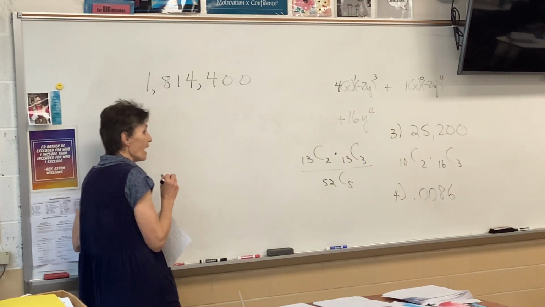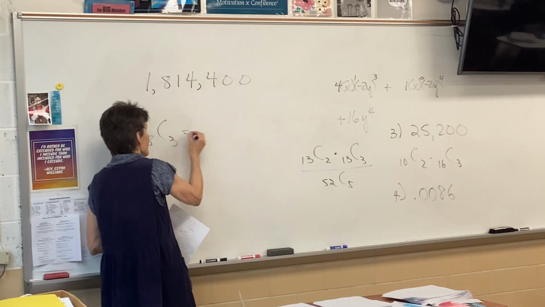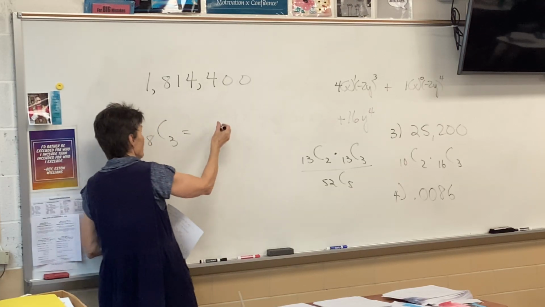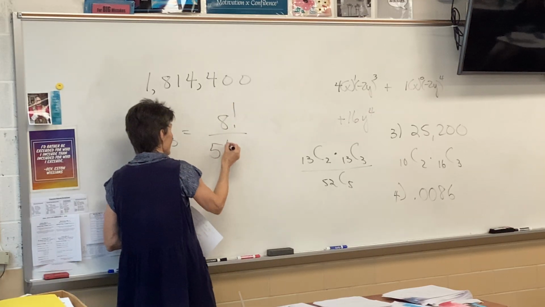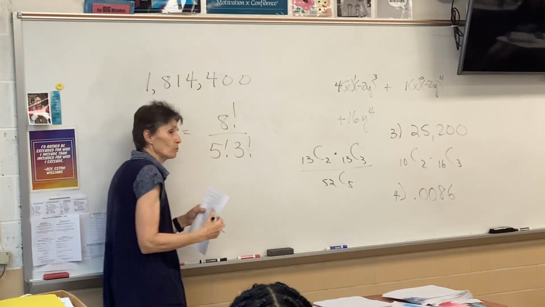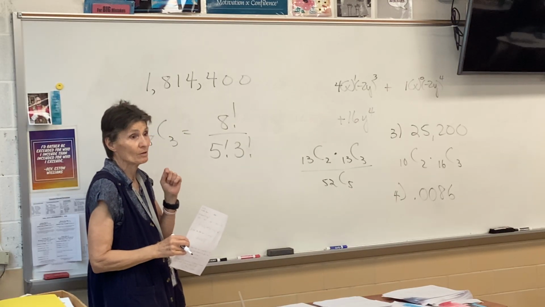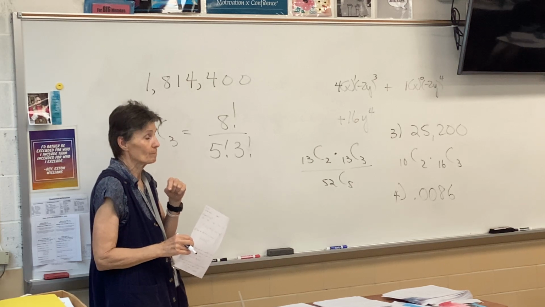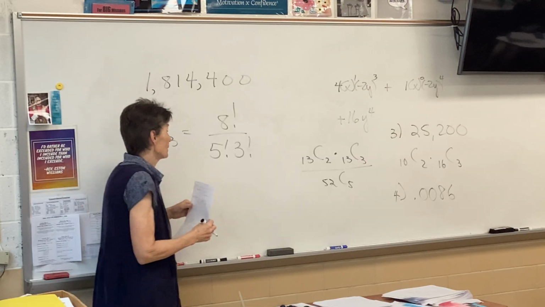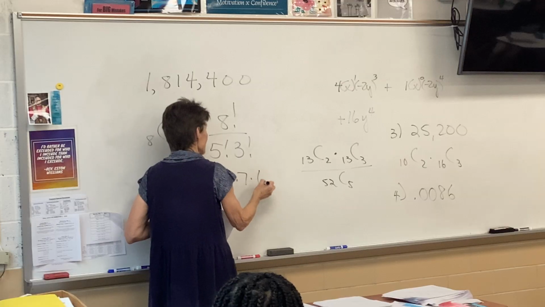All right, number 6. You must have written on your paper 8C3. So we must have written on our paper 8 factorial divided by 5 factorial, 3 factorial, and those can be in either order. Okay? So then we have 8 times 7 times 6.